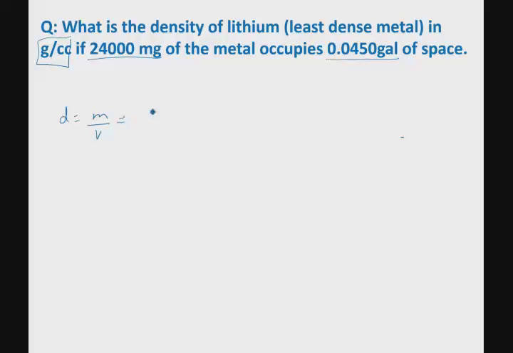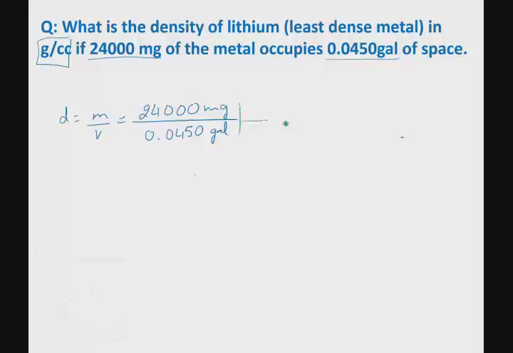In this case, mass is 24,000 milligrams divided by 0.0450 gallons will give us density. But the unit of density in this case will be milligrams per gallon, not grams per cc. In other words, we need to do some unit conversions.